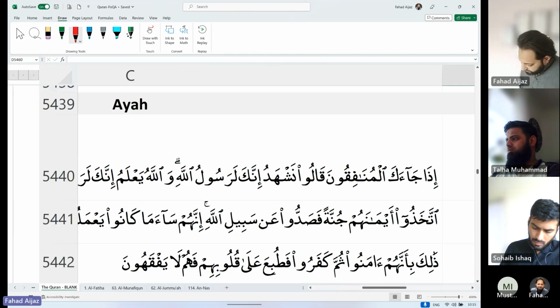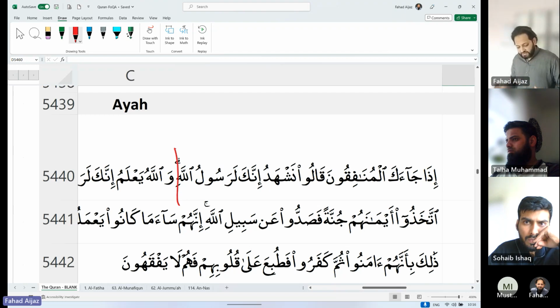Iza ja'al munafiqun. When I stop, I will ask you to either tell me the relationships between the words, or you can detect them yourself. What I want you to do is, from Iza all the way to Rasulullahi, let's see if we can find any harf of jar.